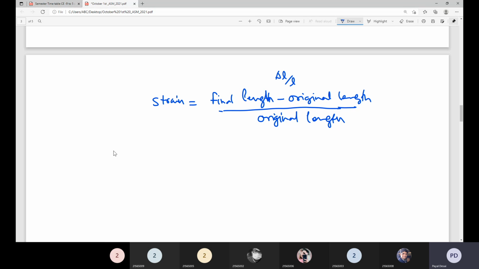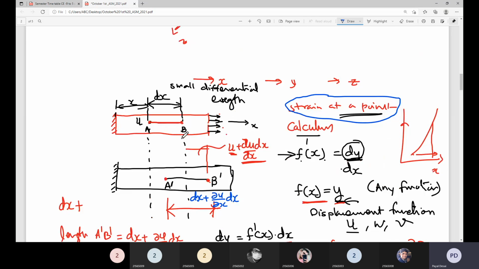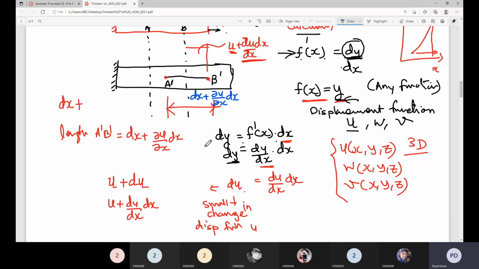It is not this. So this delta L upper in the denominator, what is that? It is final length minus original length. तो हमारी जो अभी लेंथ है, लेंथ AB, ओरिजिनल लेंथ हम dx बोलेंगे, ठीक है? And final length is a dash b dash.